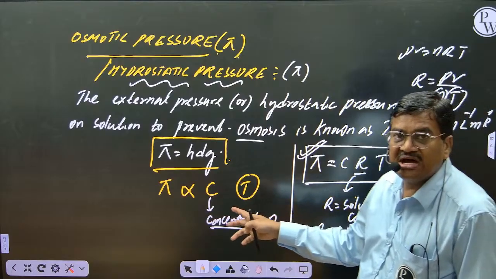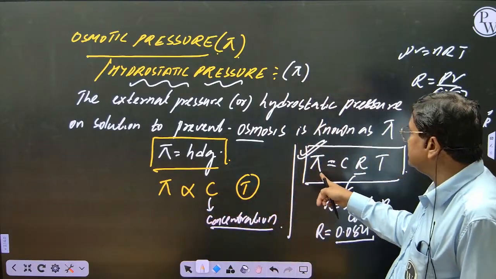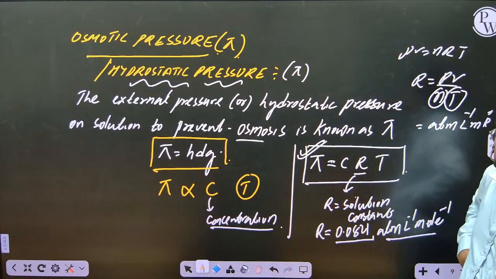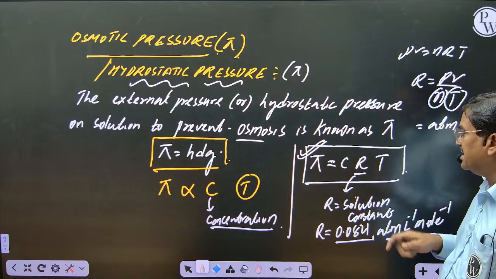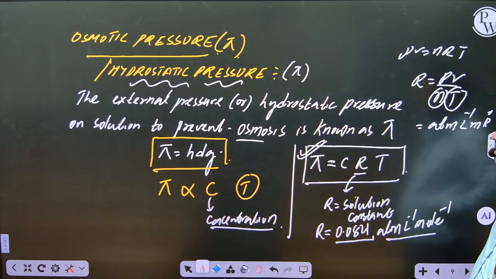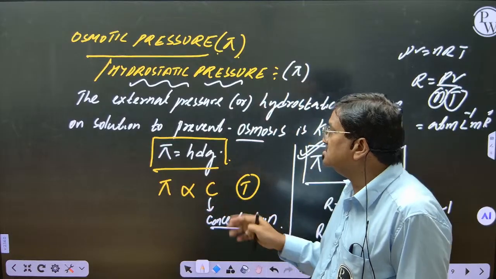Boyle's law, Charles' law, Avogadro's law: on combination of those 3 laws, we bring this relation pi is equal to CRT, where C is concentration, R is solution constant, T is the temperature. Understood? So this is osmotic pressure.